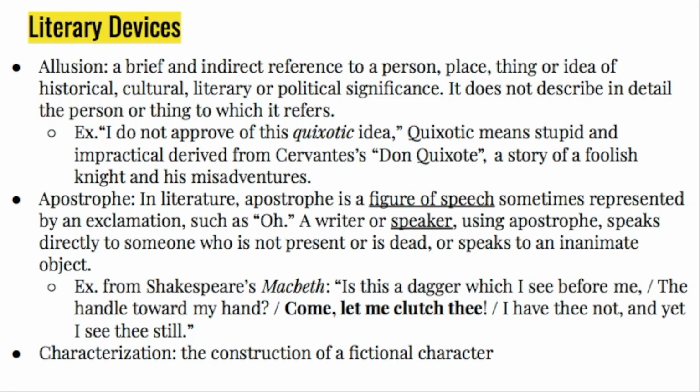And so that precedes any modern novel in the English language. And Don Quixote, he changes, and that's what makes it a modern novel. He goes from basically insane, seeing things and living in kind of a fairy tale land to realizing that he was wrong the entire time. And so quixotic means stupid, impractical, foolish, etc. So that's an example of an allusion.